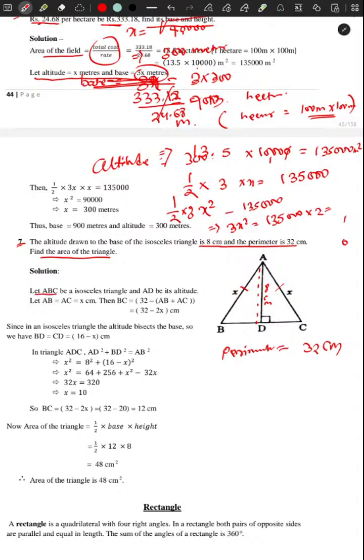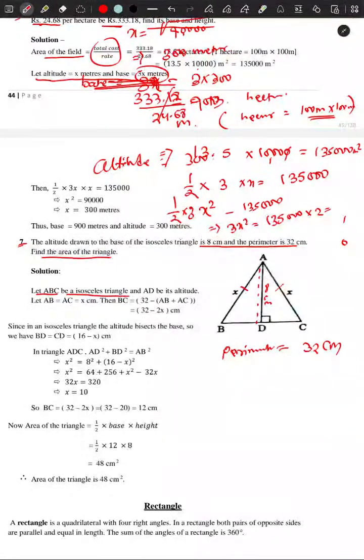Let ABC be an isosceles triangle and AD the altitude. Let AB equal AC, then BC equals 32 minus (AB plus AC).